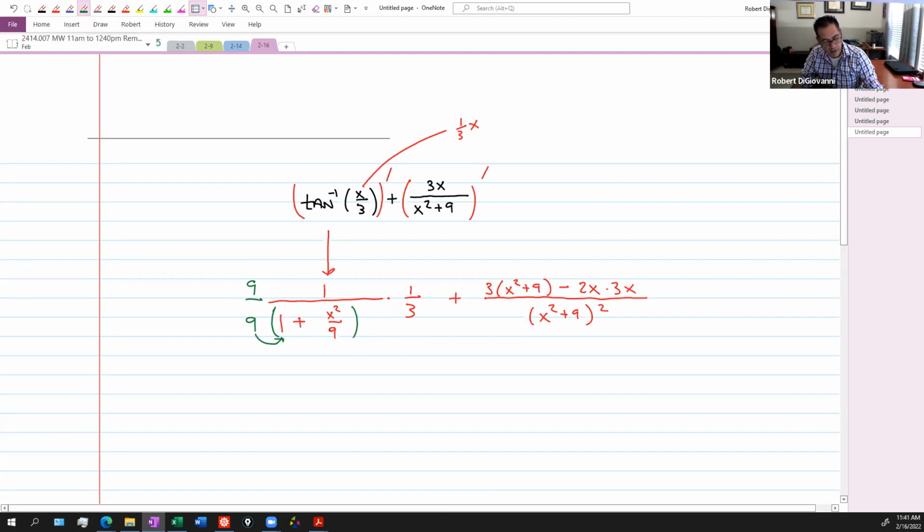I get a 9 there, and then the 9's cancel there. On top, I get a 9. On the bottom, I get 9 plus x squared. And then I still have that 1/3. I did that because I'm trying to get a 9 plus x squared on the bottom to look like this one, because I'm going to put them all together in a minute. And then plus up here, I get 3x squared. Let me just write it down. 3x squared plus 27 minus 6x squared.